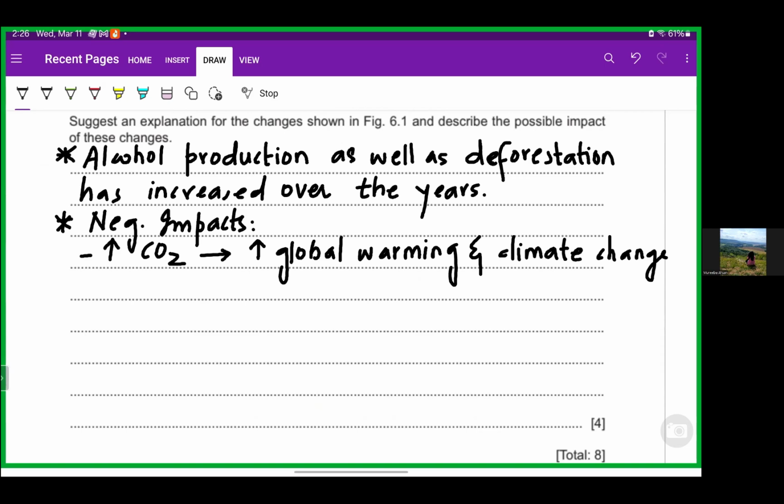Okay. What other disadvantages can be caused by deforestation? Soil erosion. And what will happen as a result of soil erosion? Loss of fertile land.